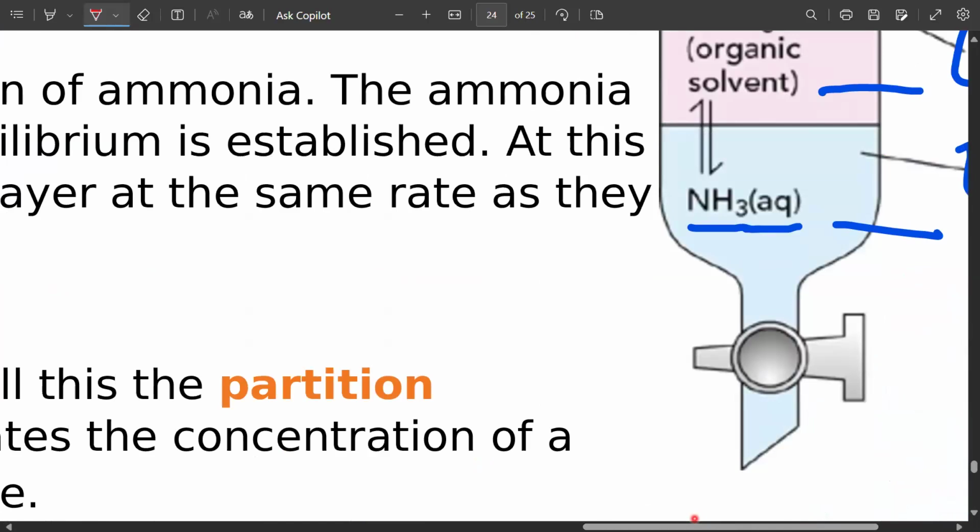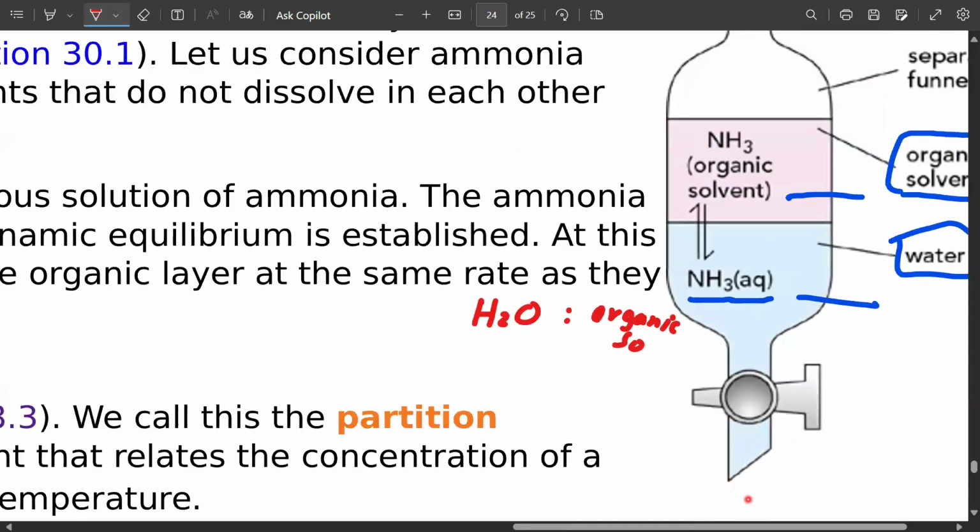If you are provided water as the first solvent, then in its opposite, you will always have an organic solvent. But if you are provided an organic solvent instead of water, it would be a polar compound on the left side, and opposite to this, there will always be a non-polar solvent on the other side.